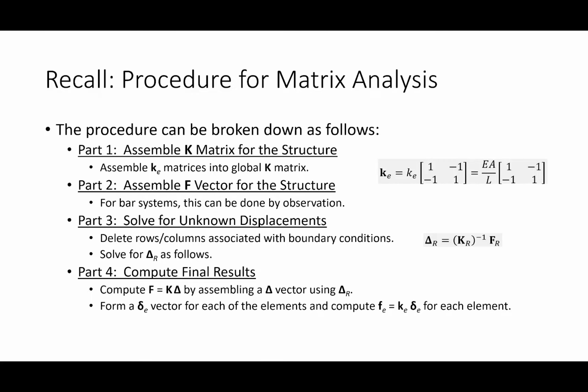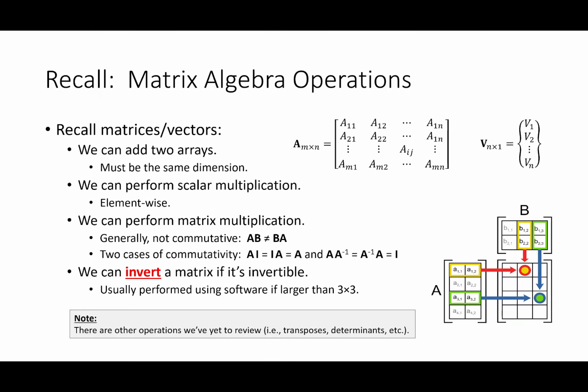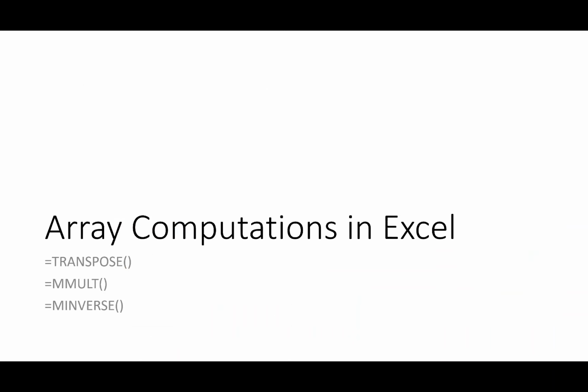We talked a little bit about matrix algebra yesterday, just to make sure that we're all remembering this. A lot of the matrix algebra that we do today, we're going to do in Excel, so that's really going to be our focus for at least the first little bit. There are 3 computations that I want you to be familiar with: the transpose function, matrix multiplication, and matrix inversing.